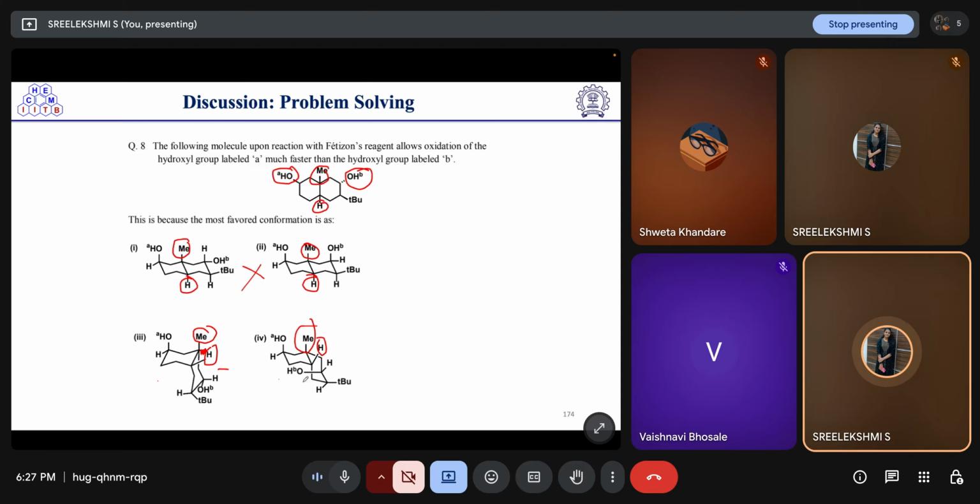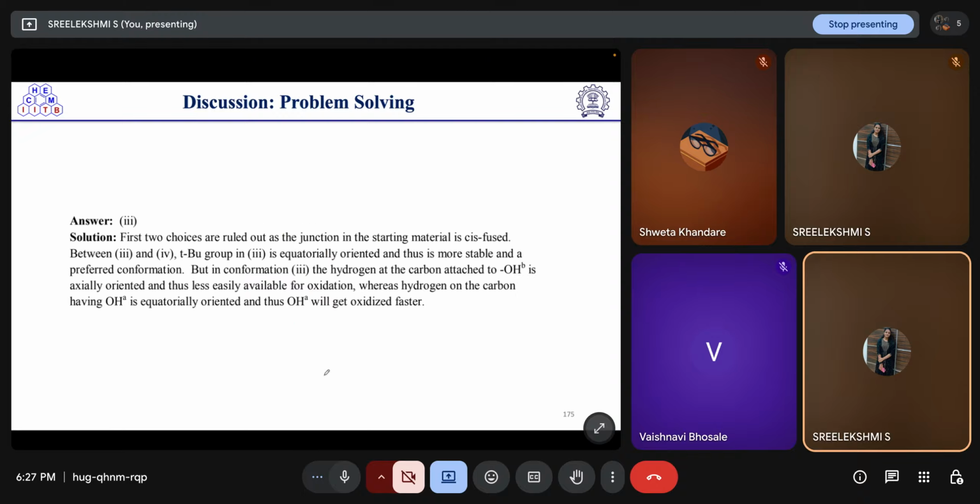Now out of these, when will this HA be preferred, in this conformation or in this conformation? Between 3 and 4, the tertiary butyl group in 3 is equatorially oriented, thus it is the more stable and preferred conformation.